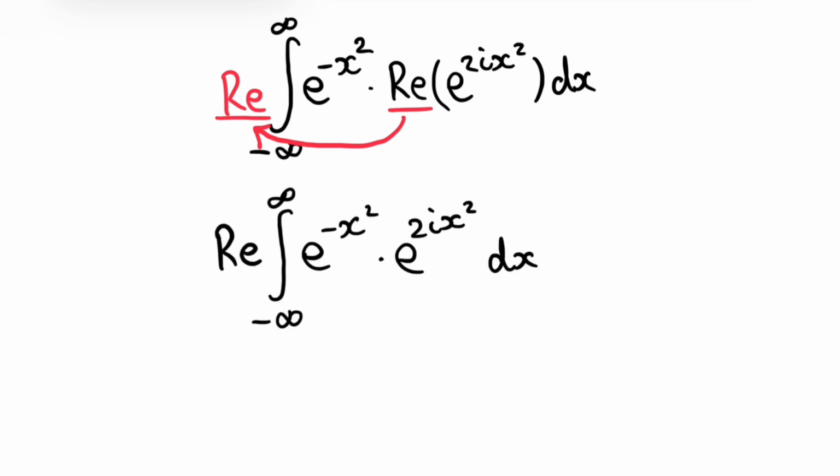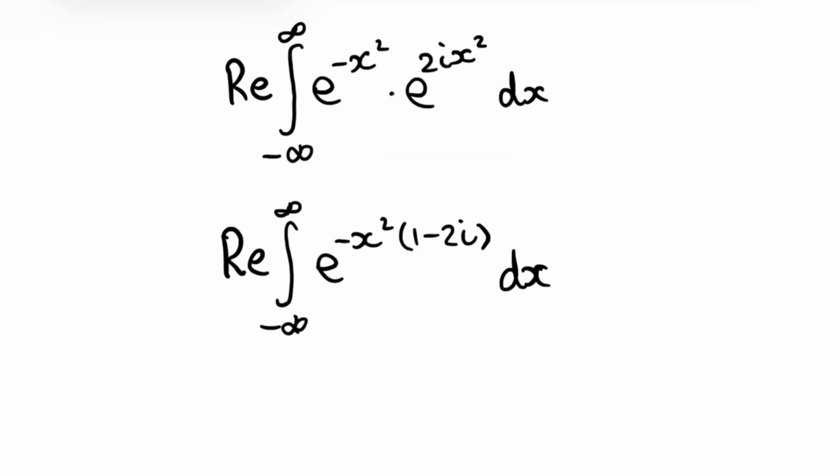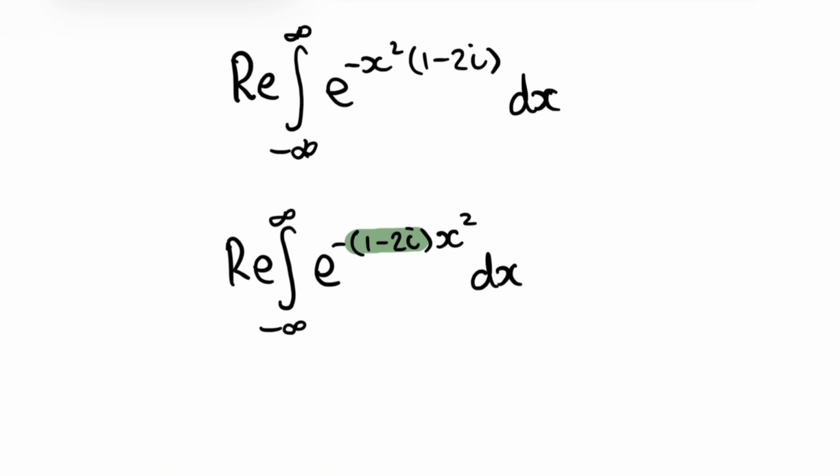So now we get something like this, and then using the laws of exponents and adding those two powers, as well as factoring out the negative x squared from it, we are going to get negative x squared times 1 minus 2i in the exponent there. Now I want us to focus on this 1 minus 2i.